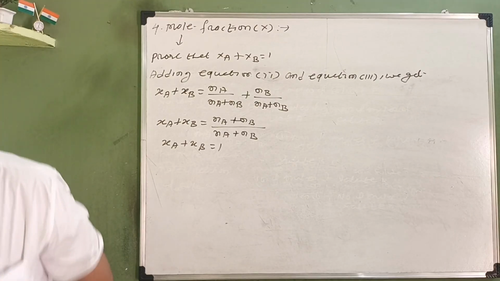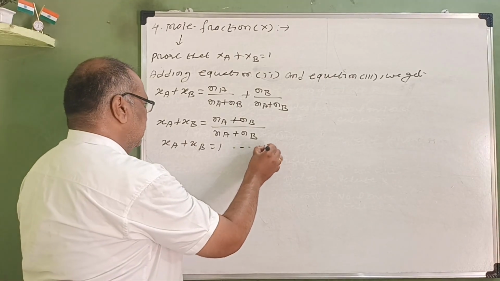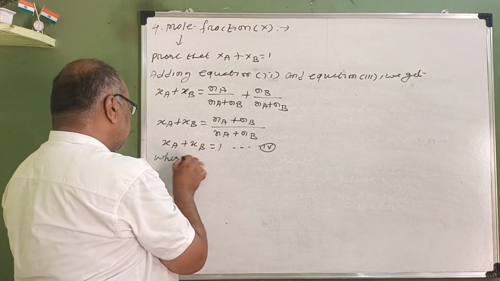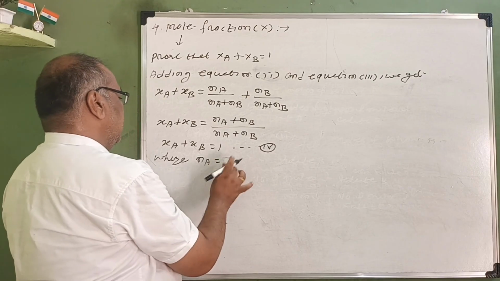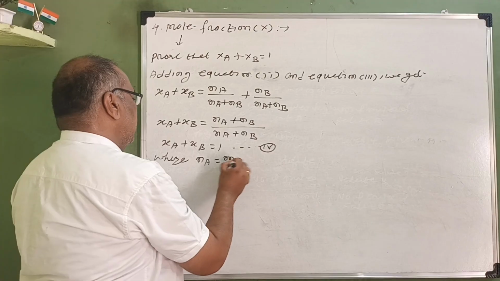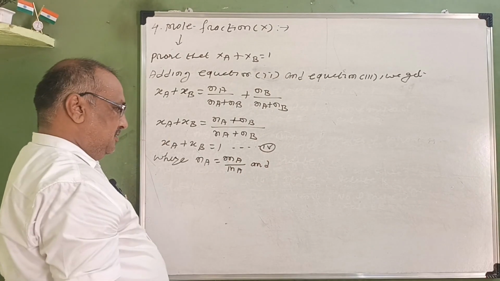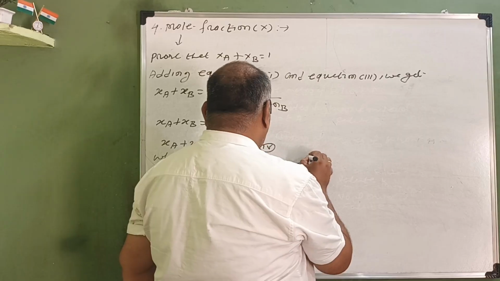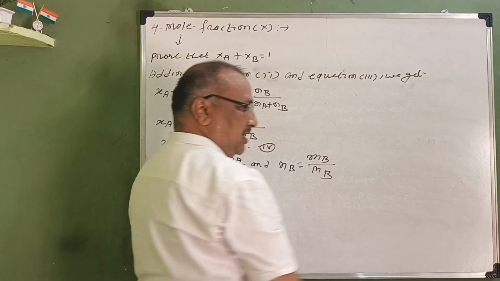where Na equal to small ma upon capital Ma and Nb equal to small mb upon capital MB.